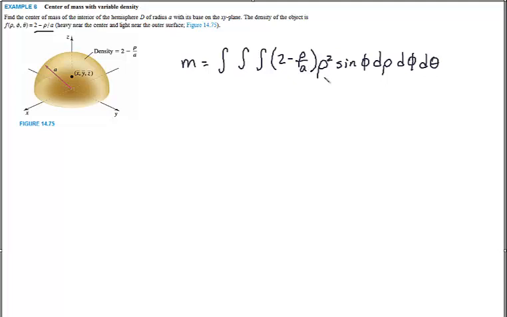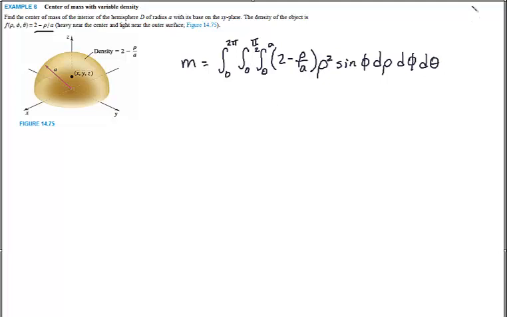Now I have to figure out what this rho varies from, and this rho is going to vary from 0 to a, and my phi varies from 0 to pi over 2 again, and then my theta, of course, is my favorite, 0 to 2 pi, because it goes all the way around.